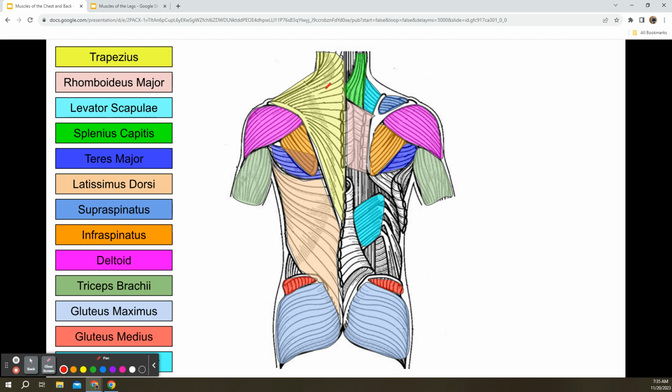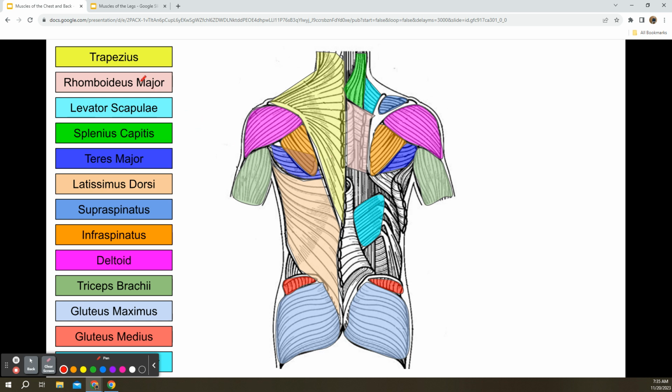Its overall action, as you might be able to discern here, is to rotate our scapula. Our scapula is located right here, where it also looks like the wing of our back, and helps raise and lower our arms.